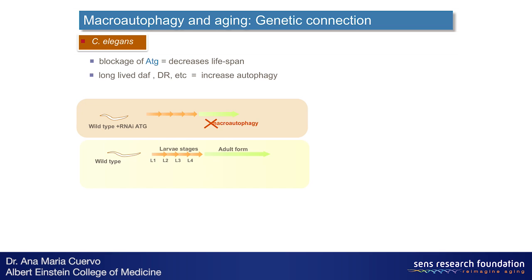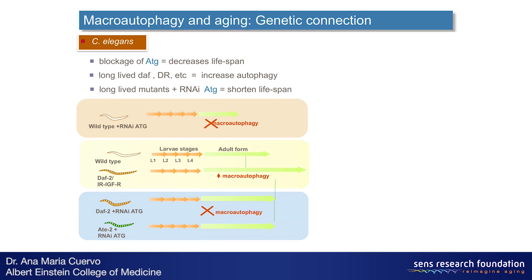Interestingly, as you know, there are different manipulations, either genetic or nutritional, that result in extension of lifespan in worms. When you look at those animals, it is a common feature that all of them show an increase in macroautophagy. And actually, if you block macroautophagy in these long-lived species, they no longer live so long, suggesting that you need this increase in autophagy in order to produce this longevity phenotype.